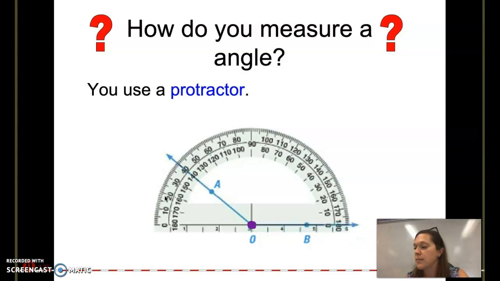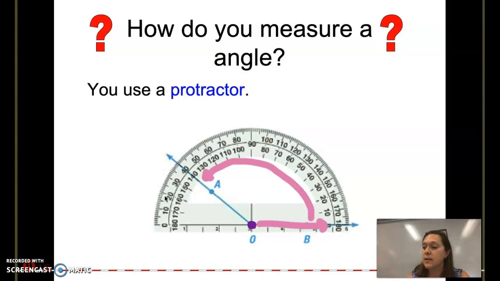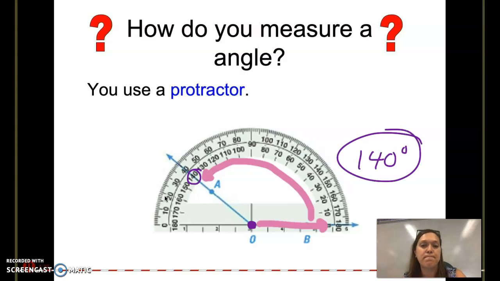So in this case, my line is pointing to the 0 on the bottom row. So that means I'm going to read the bottom set of numbers all the way over to where my terminal ray is. Terminal means it can move in any direction. And where is it crossing on the protractor? Can everybody see that it crosses at 140? So my angle here would be 140 degrees.